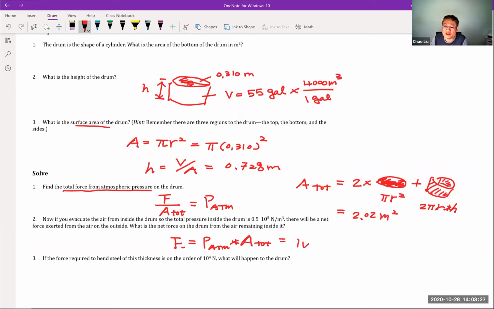P atm is 10 to the fifth Newton per meter squared, and the area is 2.02 meters squared. So you can get the force coming from the atmosphere, which is 2.02 times 10 to the fifth Newton. That's how much force is acting on this drum.